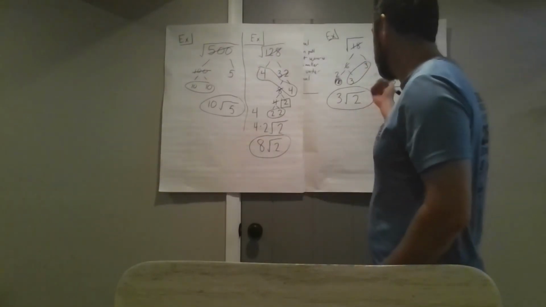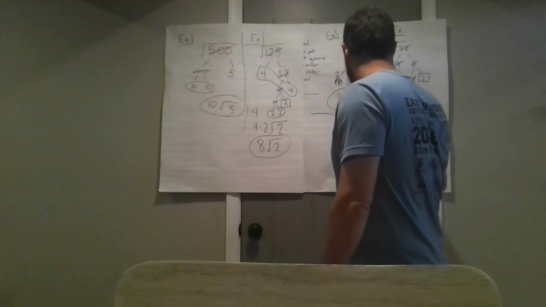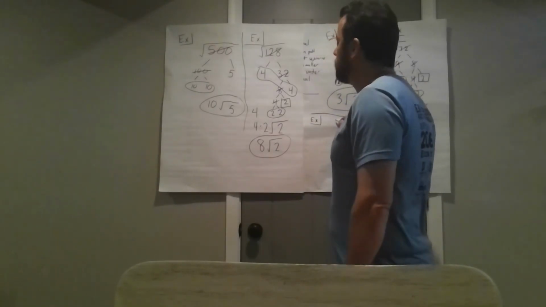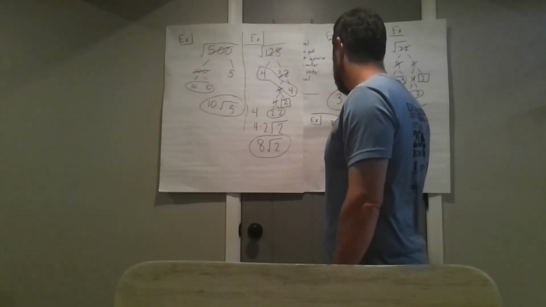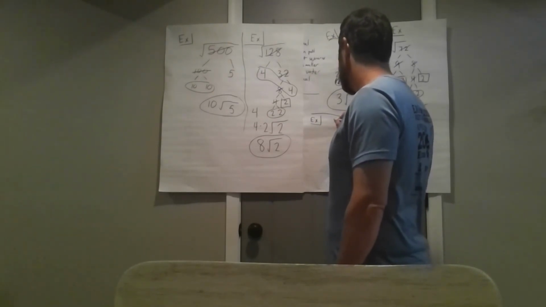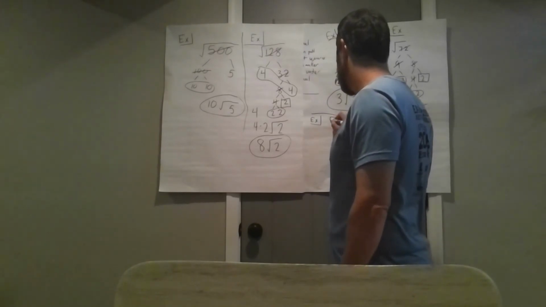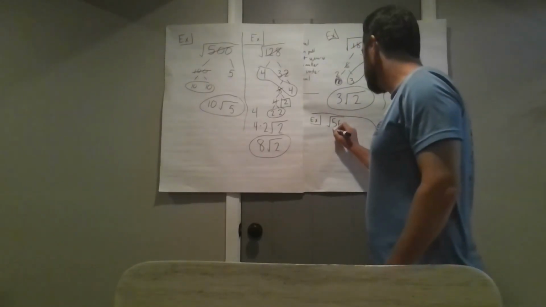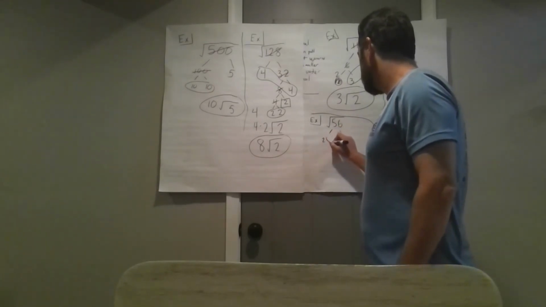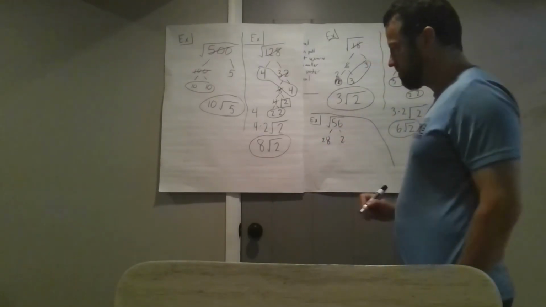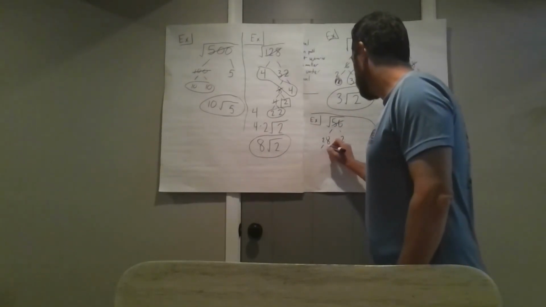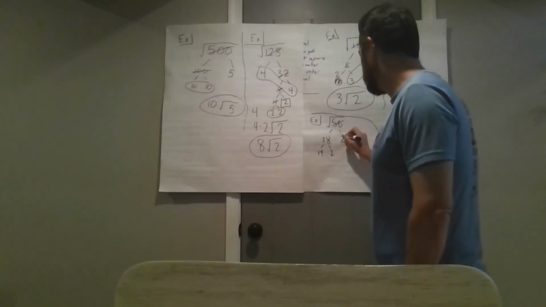So let's say I have, let's go with square root of 56. All right, 56. 28 times 2. Done with that, cross it out. 28 is 14 times 2.